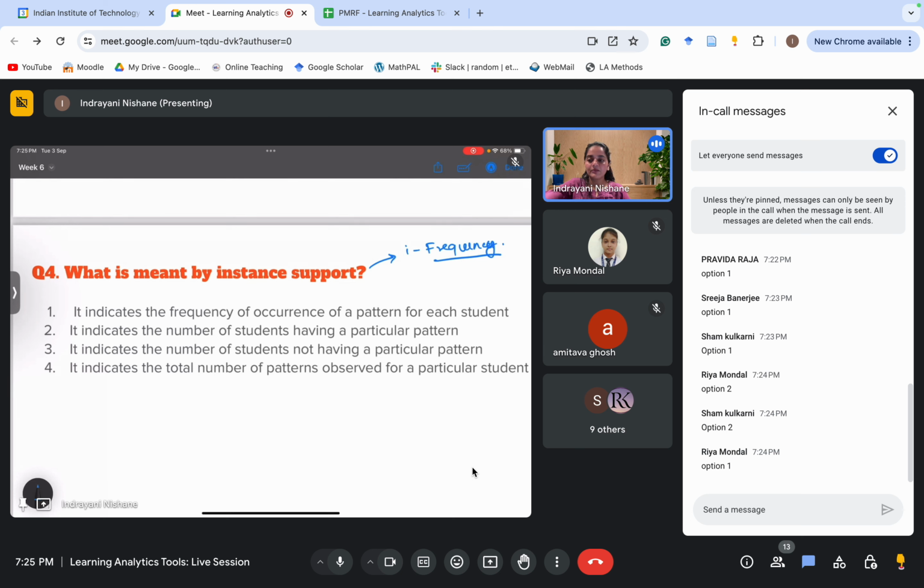That is what we mean by frequency. When we say frequency, that means for every student, for every individual in that group, how many times that particular pattern is occurring. So that is told to us by option number 1.